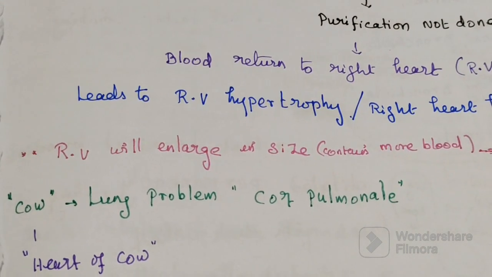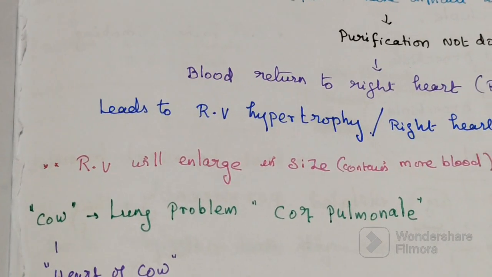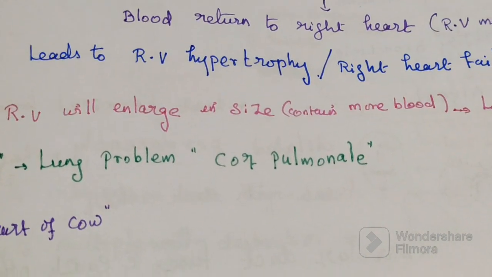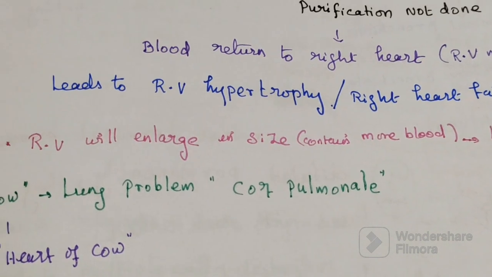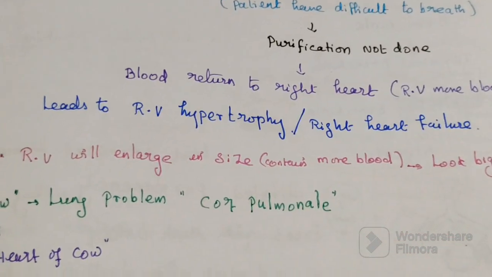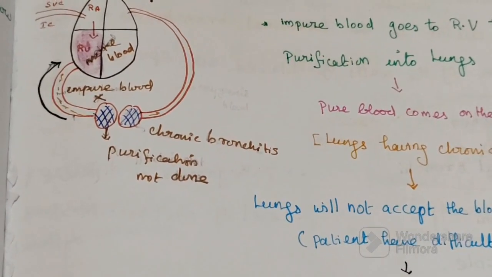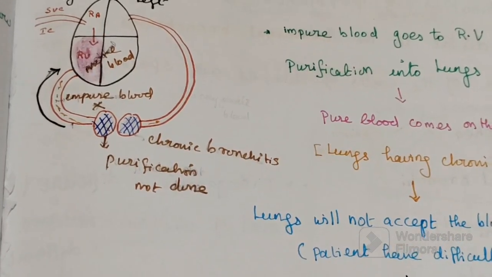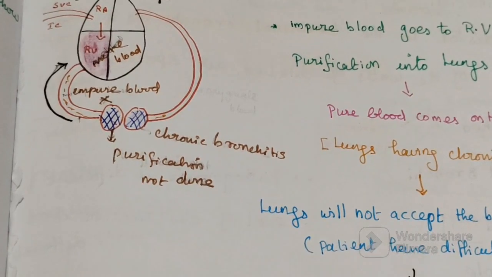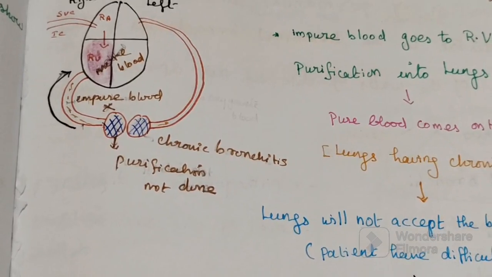So right heart failure due to a lung problem, with the right heart enlarged in size, is known as cor pulmonale. Enlargement of the heart with prominent vessels. If you do the examination of such a patient, you will find enlargement.